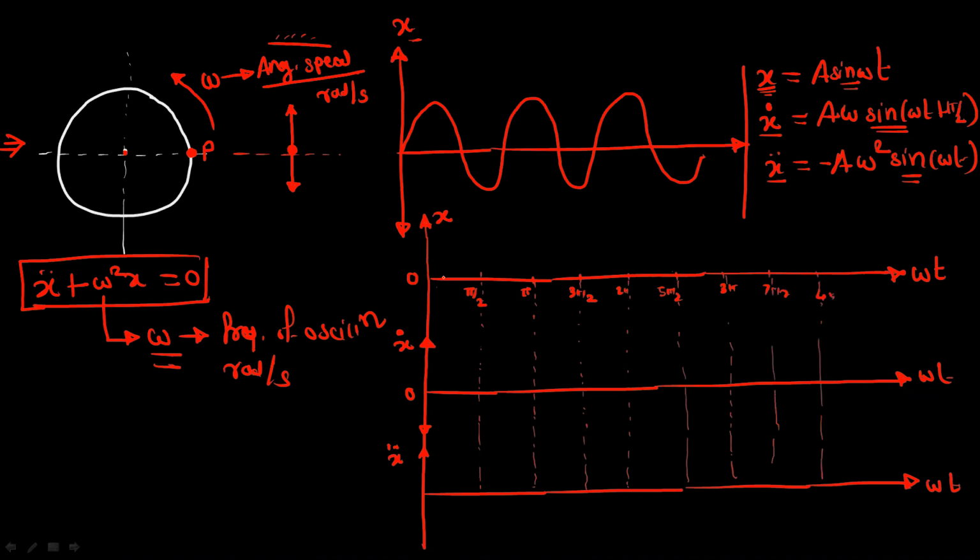Okay. So now consider this equation, which is x is equal to a sine omega t. In this equation, if you put the value omega t as 0, just observe here.